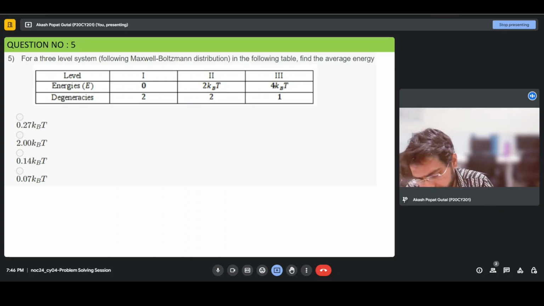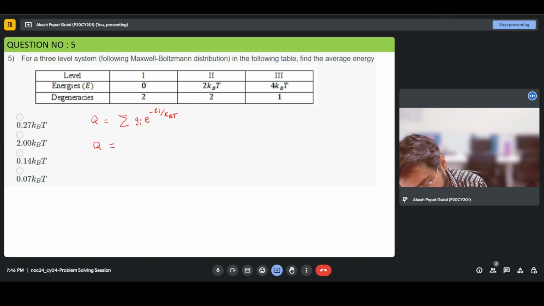So we know by the definition of partition function, Q is equal to the summation of g_i e raised to minus epsilon_i by kBT. So put the information in the equation.